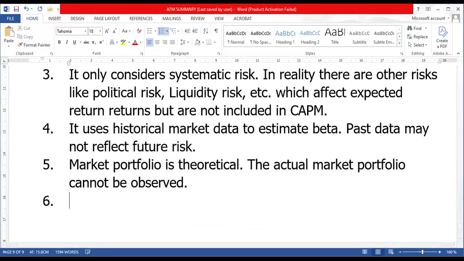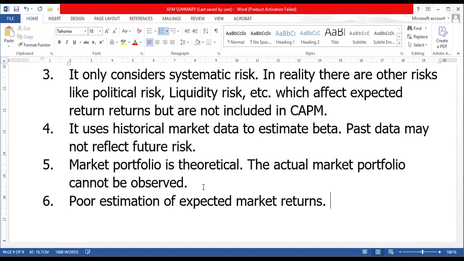Okay. I think these points are enough. You may talk about the poor estimation of the expected market returns. The market risk premium.